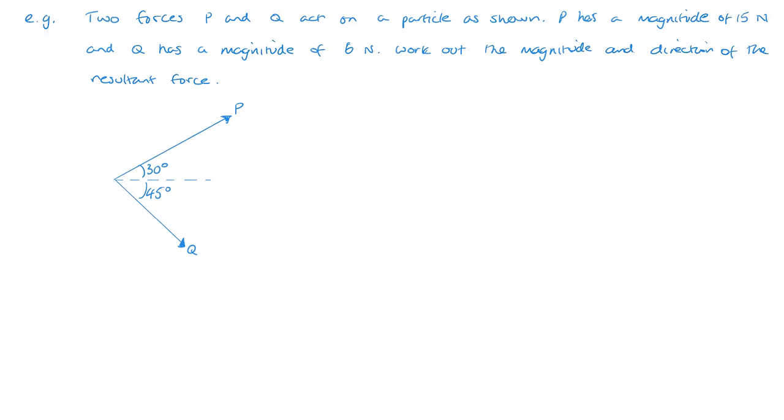So if I think of Q going down like this, and that is at 6 newtons, and then P goes off up there, and that's longer because that's at 15 newtons. And this force joining them together to complete the triangle, that will be the resultant.